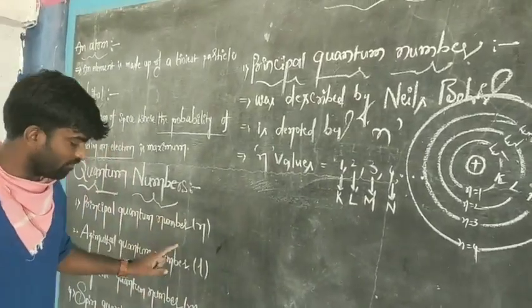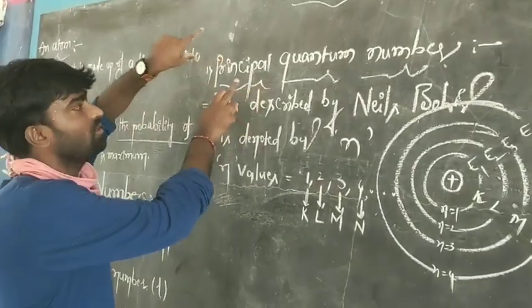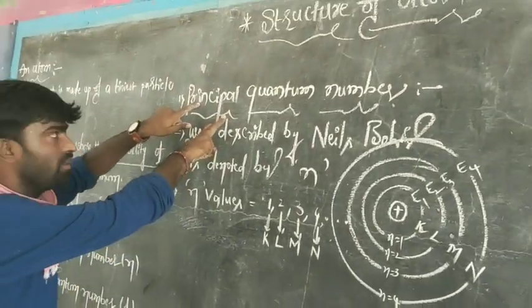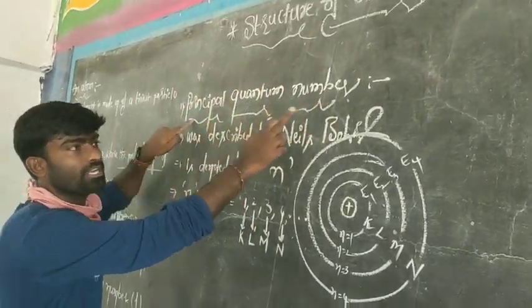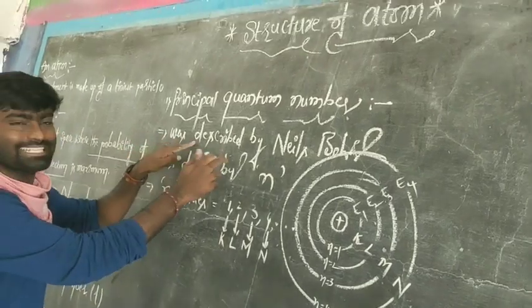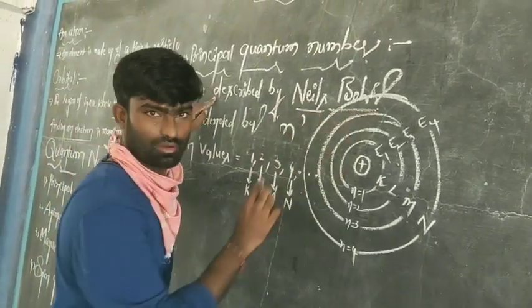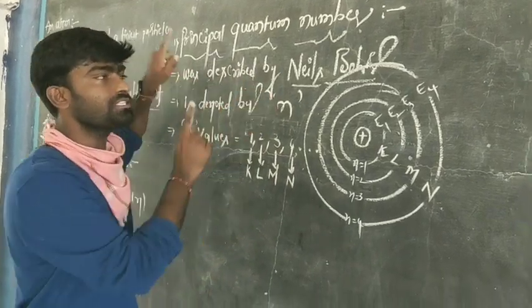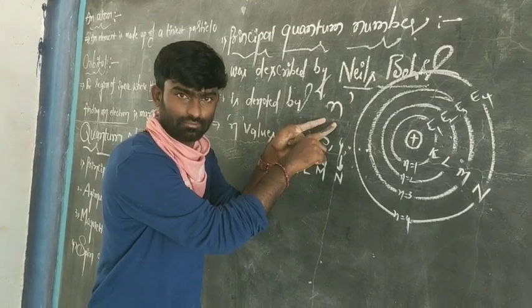Among the four types of quantum numbers, now we are going to discuss the first type, the principal quantum number. The principal quantum number was described by the Danish physicist Niels Bohr, and it is denoted by the small letter n.